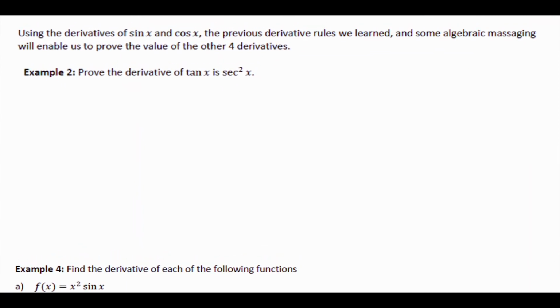So we need to prove that the derivative of tangent equals secant squared of x. Okay, so let's start with tangent. What's one of the important things that we know about tangent that you learned last year?